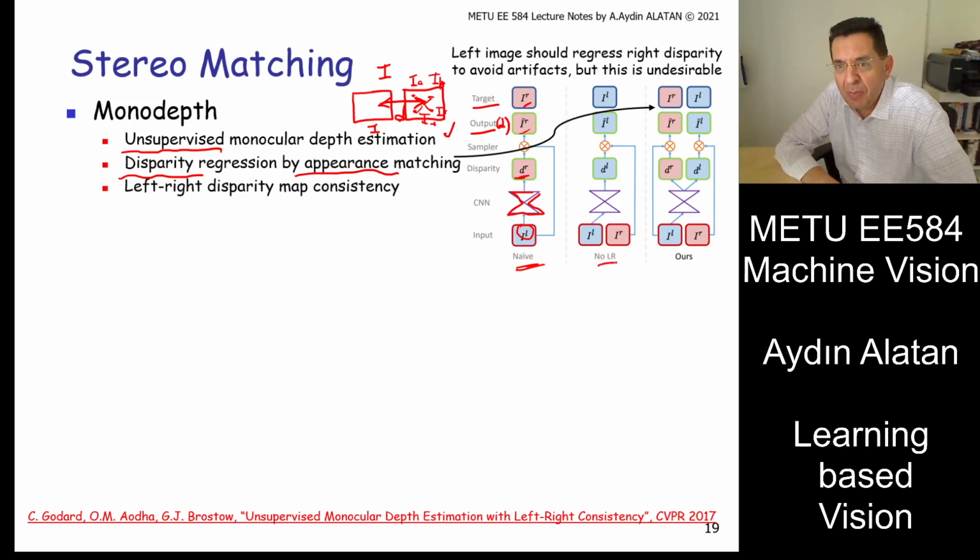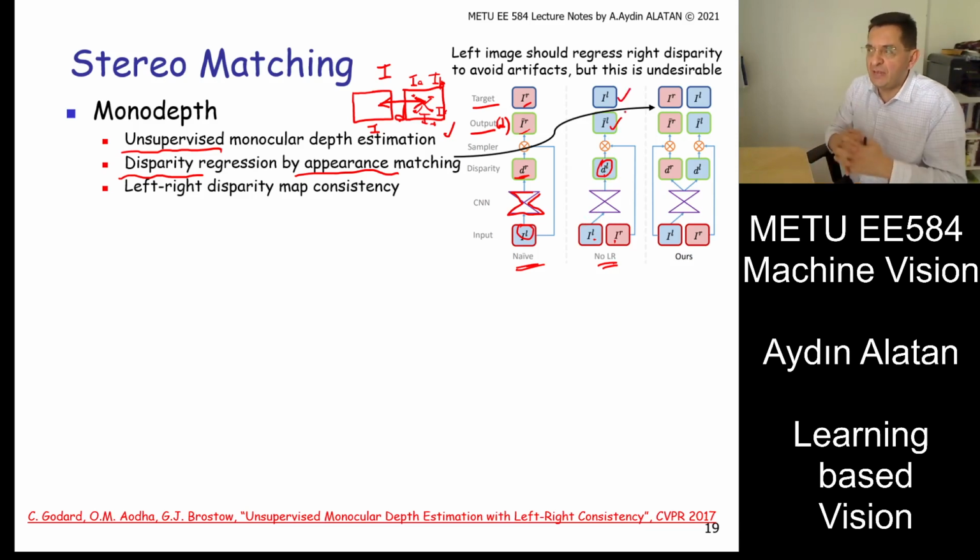Another technique could be using left and right together, okay? Then defining your D left, which is estimated at this point. From here, you will estimate during training your synthetic left, hence using synthetic left, the real left, and the difference can be obtained.